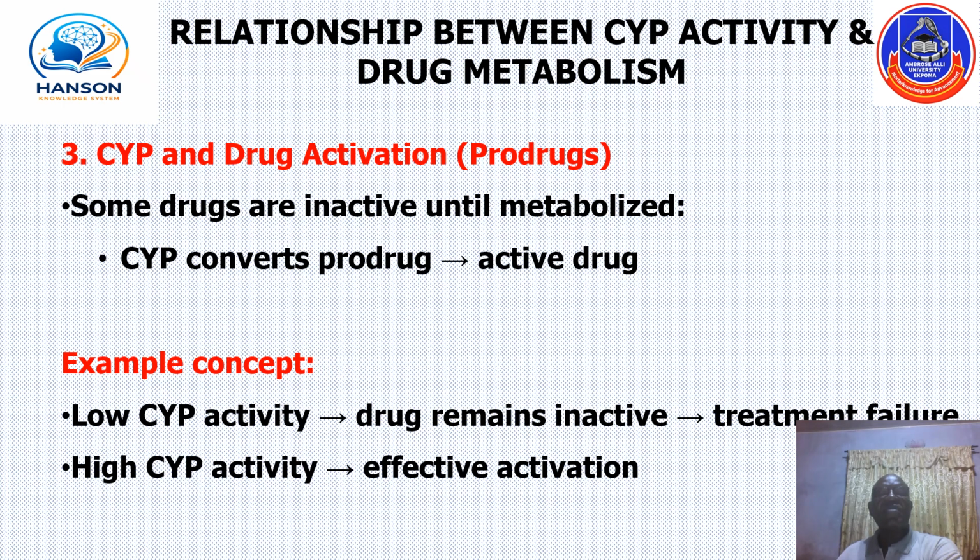Number 3, cytochrome P450 and drug activation, that is, prodrugs. What we mean by prodrugs are drugs you take in that, in their natural state, are inactive until acted upon by an enzyme to make them active.